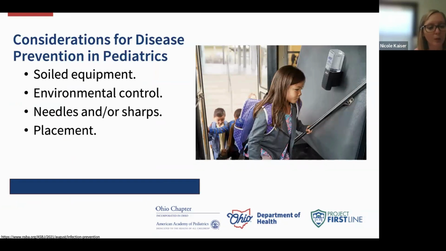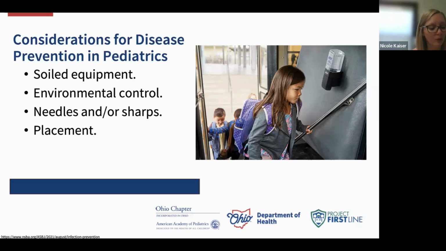Besides following proper precautions to prevent disease and transmission to other patients and healthcare providers, we also need to be mindful. So anytime there's any soiled equipment, we need to make sure that that's being properly taken care of in a timely manner.